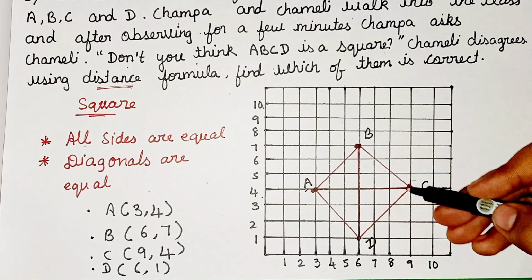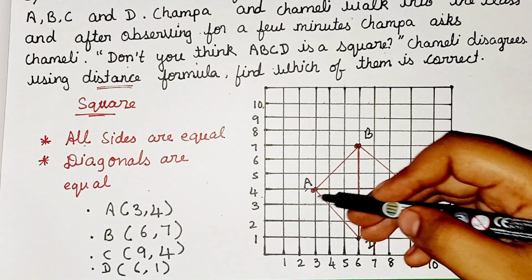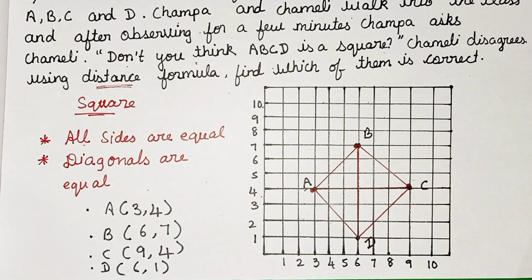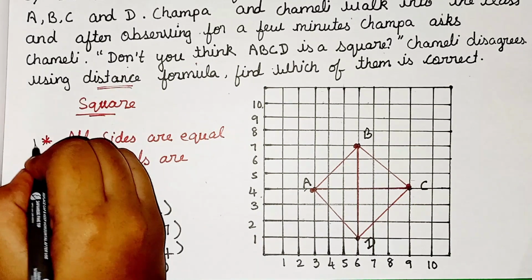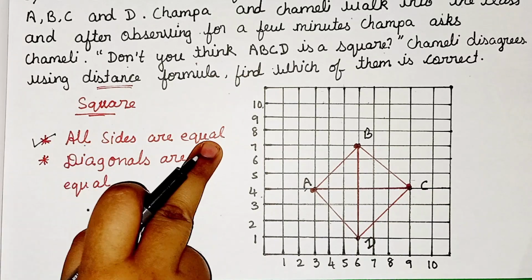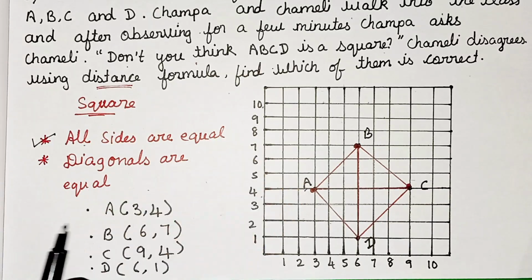Since all the sides have the same value, we can say all sides are equal. Then here we can tick this one, because this property is suitable for this particular question.